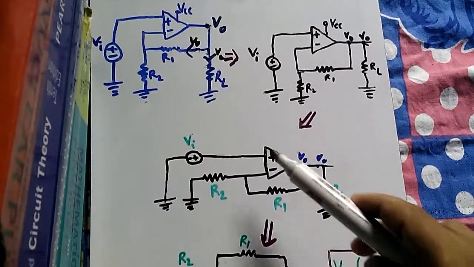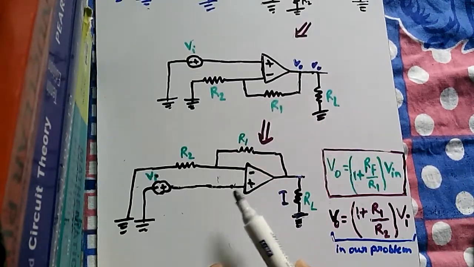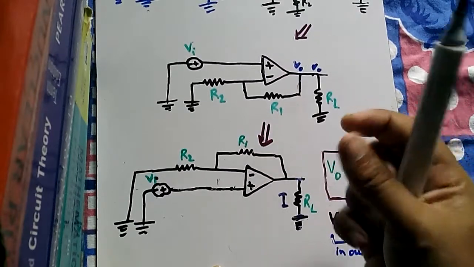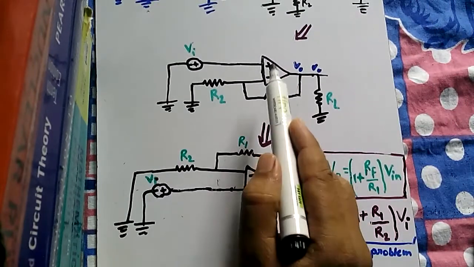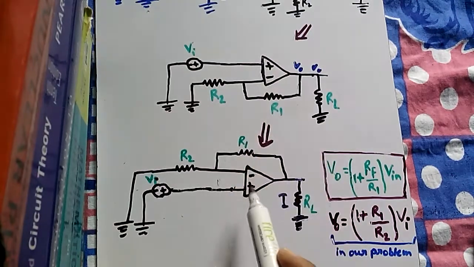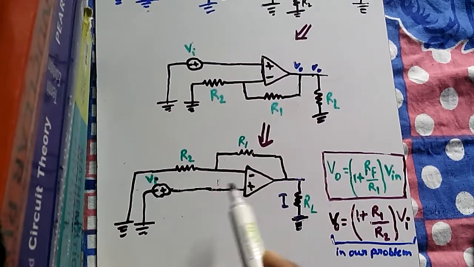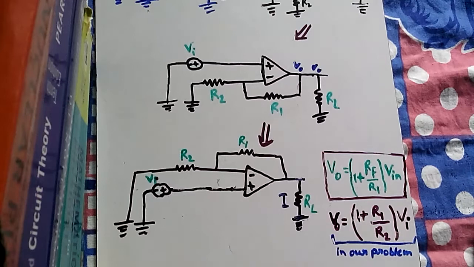Now this circuit is again the same as this circuit. What I have done is I have just flipped it. You can see the positive side was upward, now the positive side is downward, but otherwise everything is the same. I cannot change the configuration, because whatever has been given in our problem must be retained, and we are not allowed to change those things.